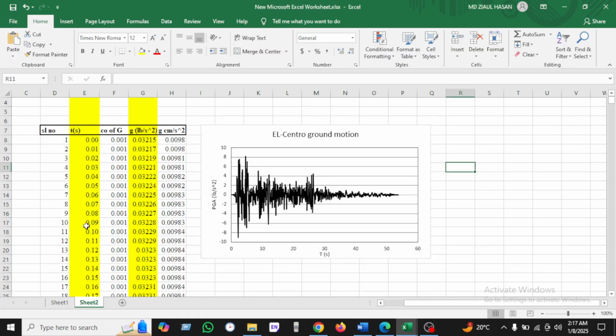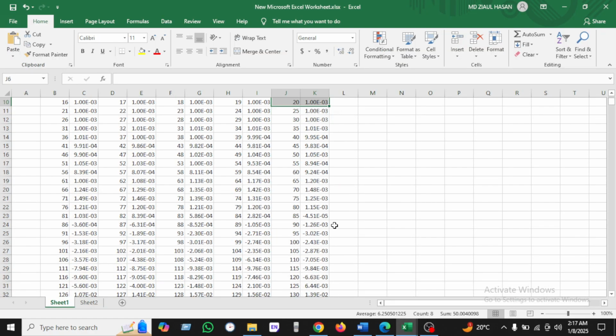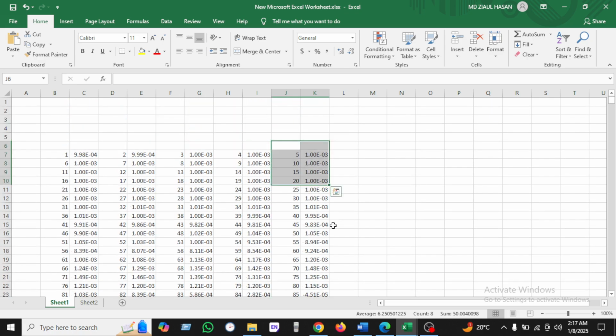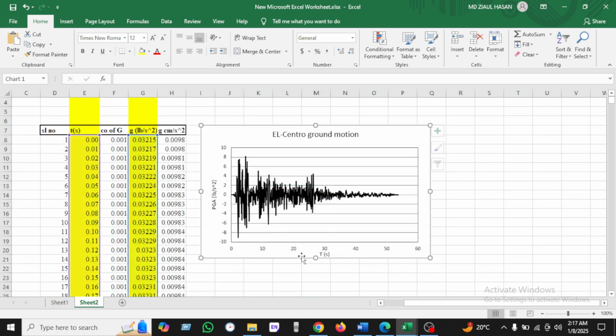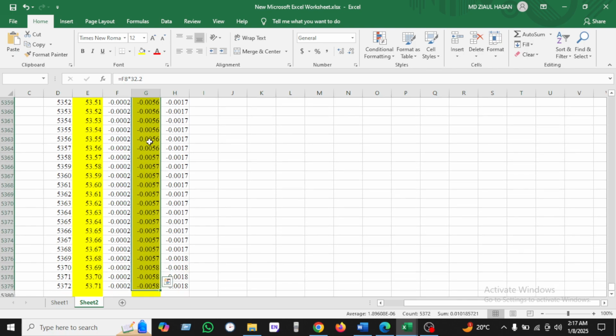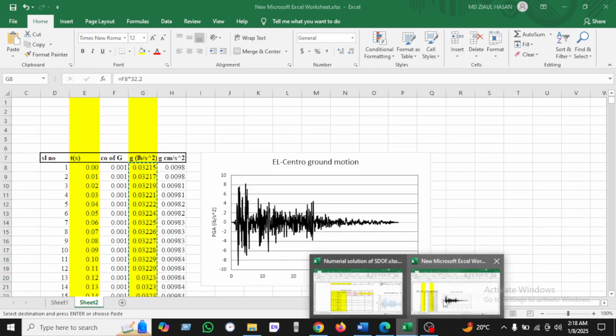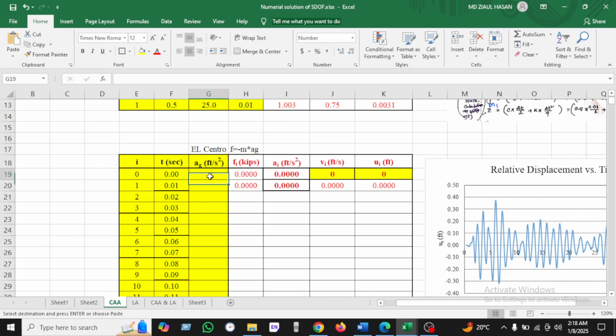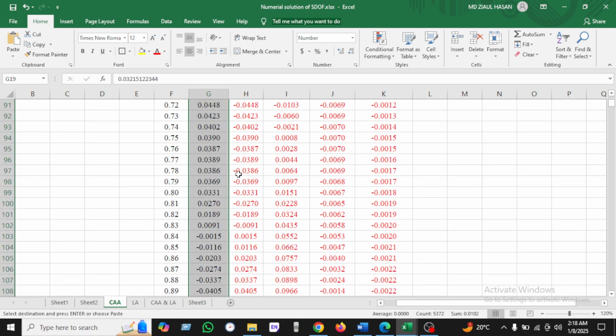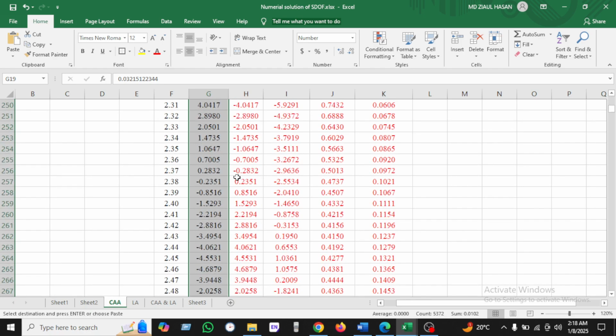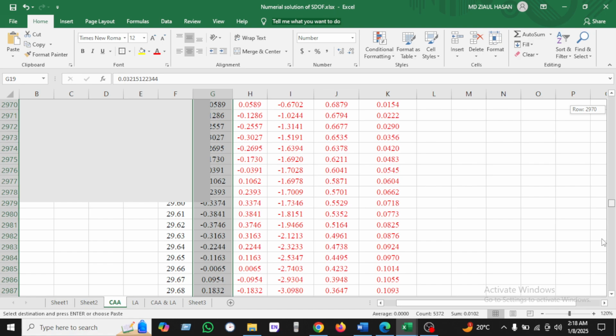I'm downloading this part; you can see my previous video, then you will find out how I download this El Centro ground motion. So this is the ground motion. I am copying this ground motion and putting it in this area.